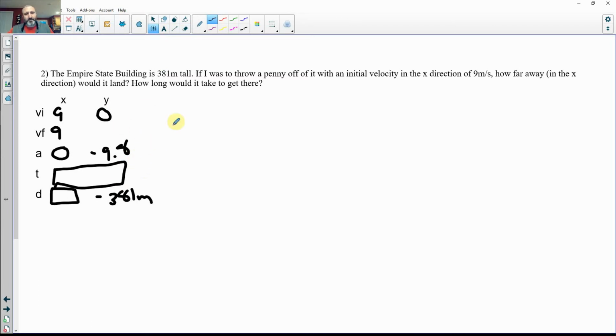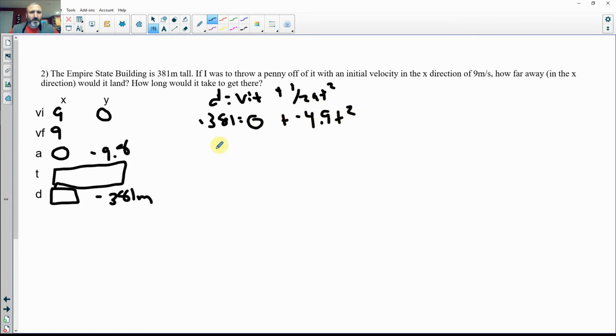So to find time, I've got a VI, an A, a T, and a D. Well, at least I've got the VI, the A, and the D, and I'm looking for the T, so I would say the best equation to use is D equals VIT plus 1/2 AT squared. So negative 381 equals 0 plus negative 4.9 T squared.